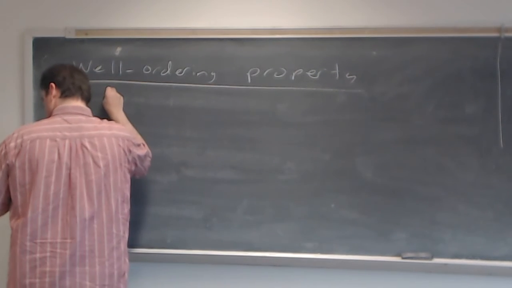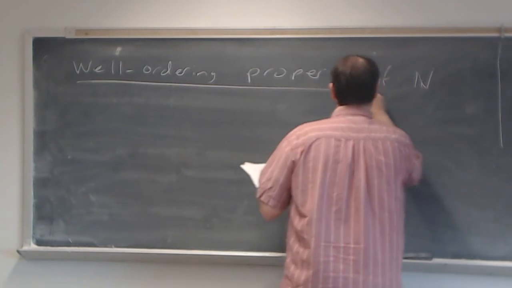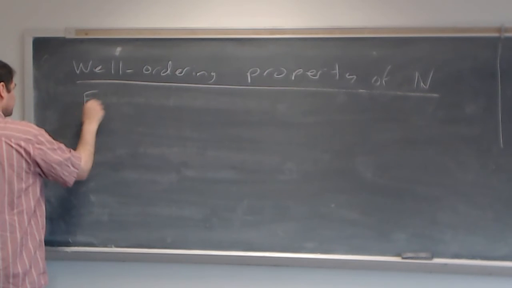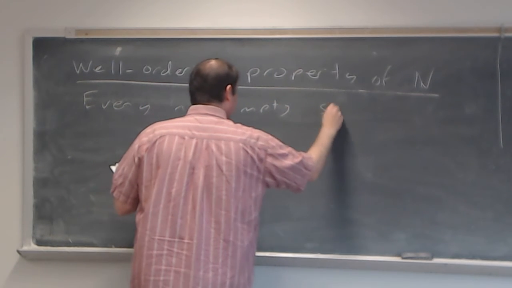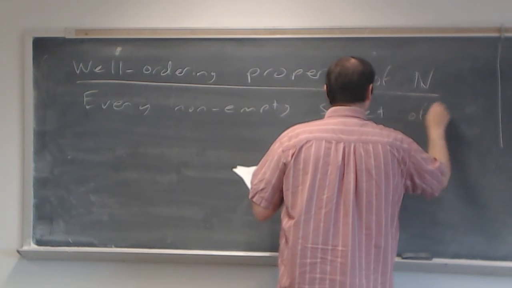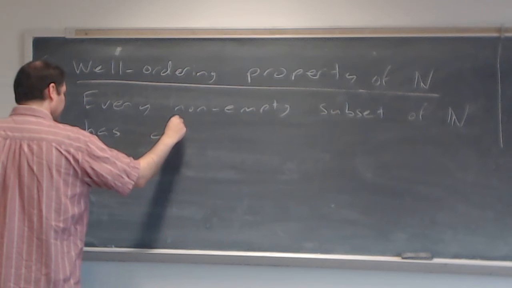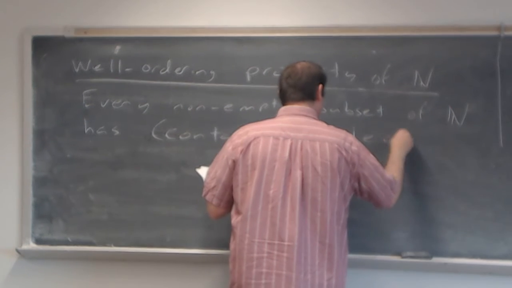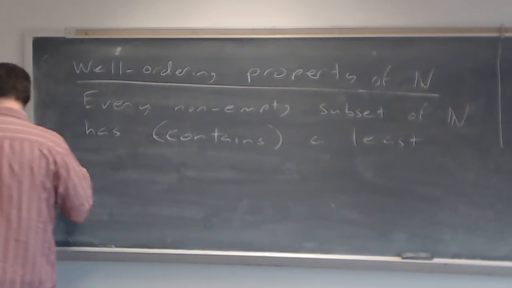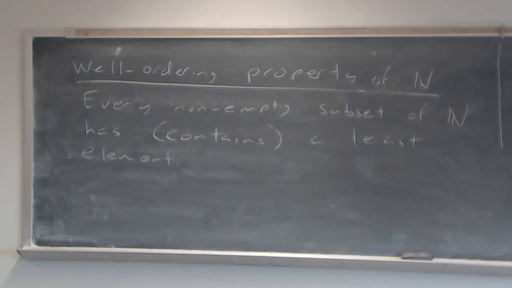It says every non-empty subset of the natural numbers has, and by the word has, I mean contains, a least element. That's something that we're going to assume is a true statement.